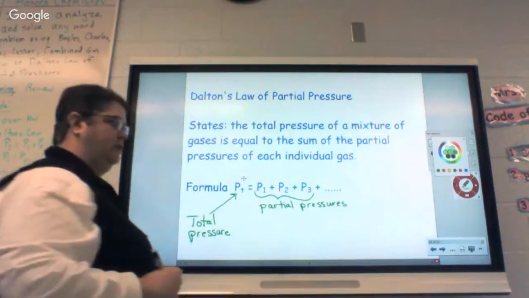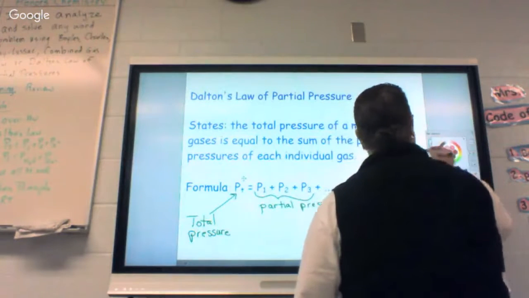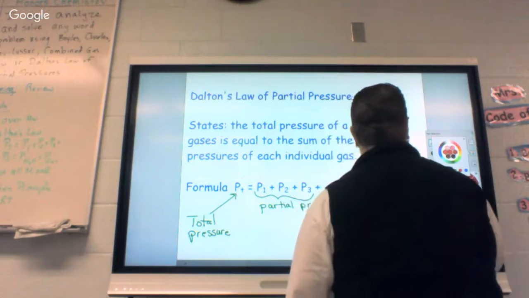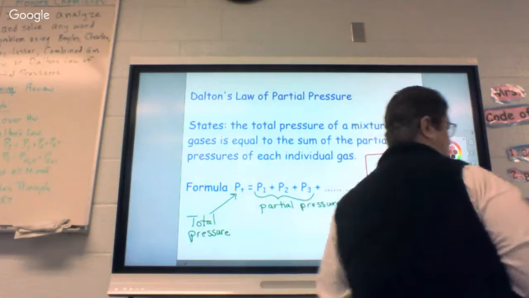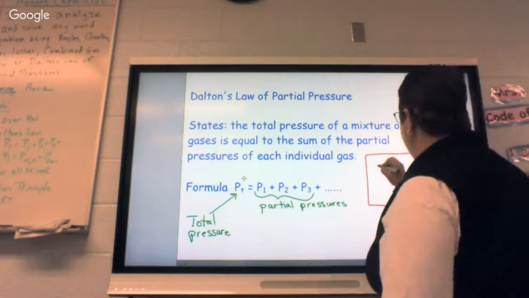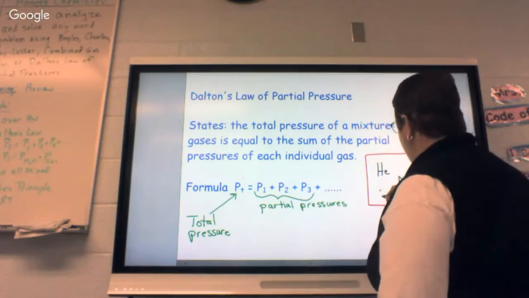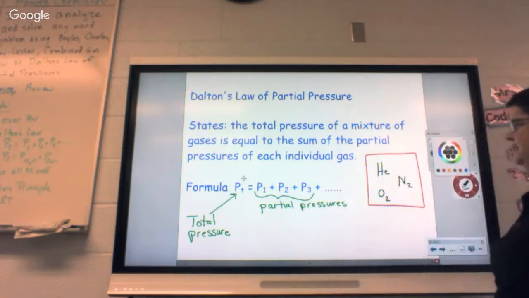These are the partial pressures. So what do I mean when I say partial pressure? Well, suppose that we have a container, and let's just say that I put some helium gas, some nitrogen gas, and oxygen gas inside the container.